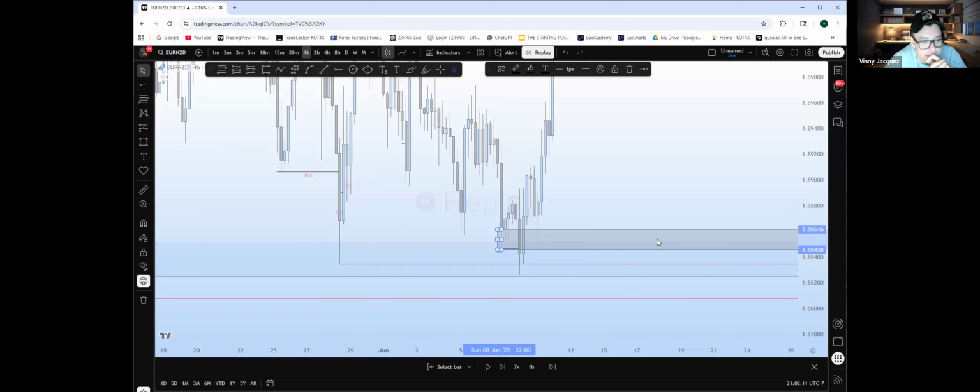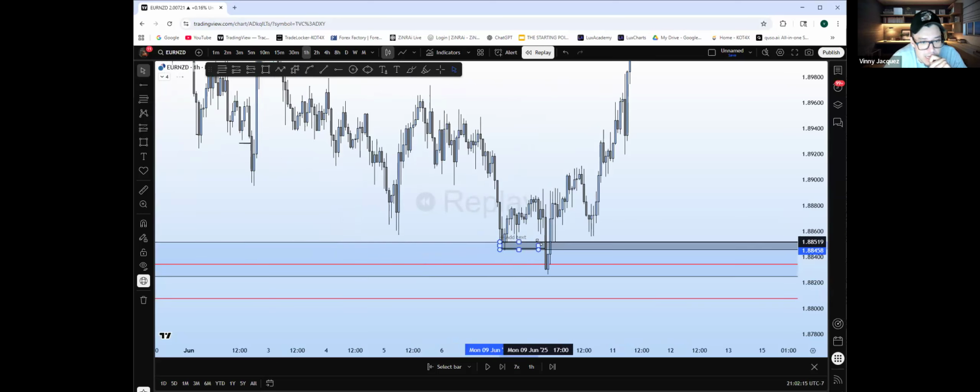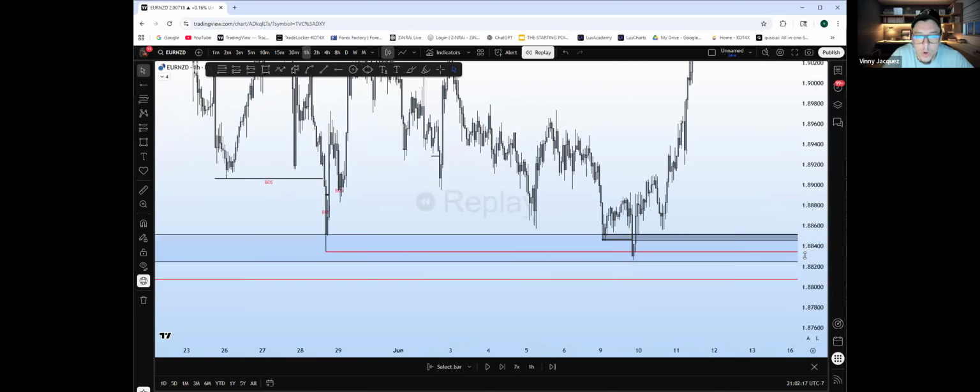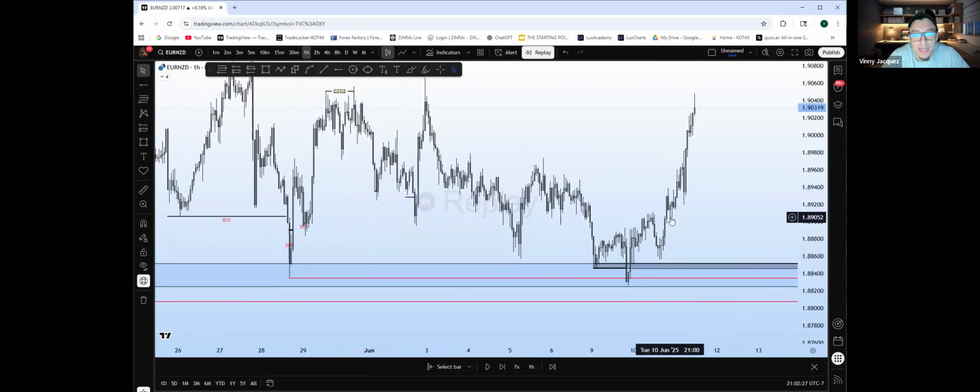But look at that, guys. Look at that structure. Now, again, I want to show you guys something, right? We were on the lower time frame trying to figure out buys, buys, buys, buys. Guys, a lot of the times we're on these lower time frames getting manipulated. And this is why I'm a fan.